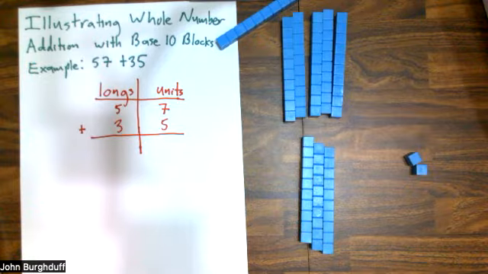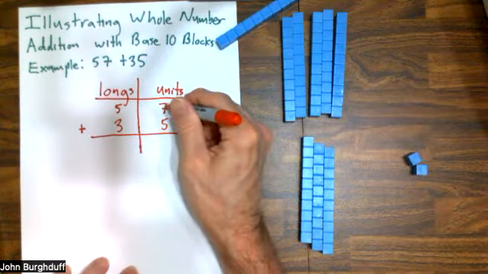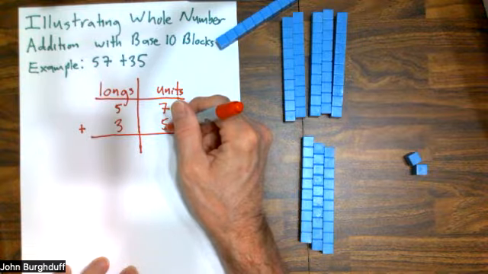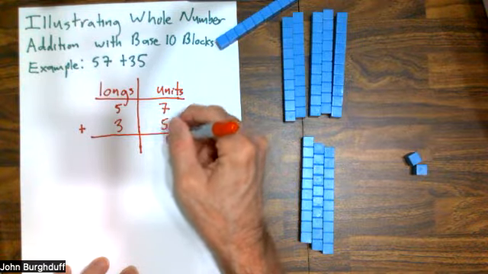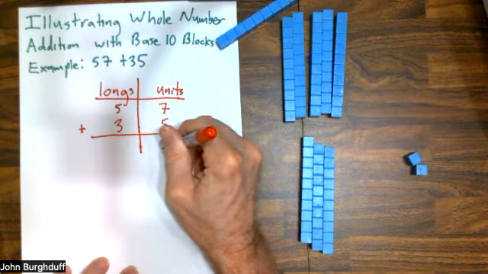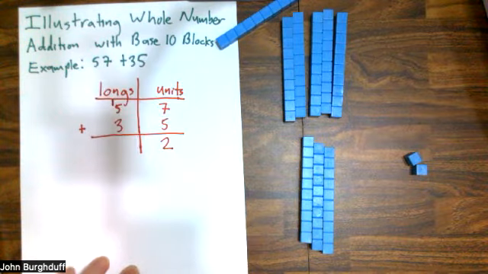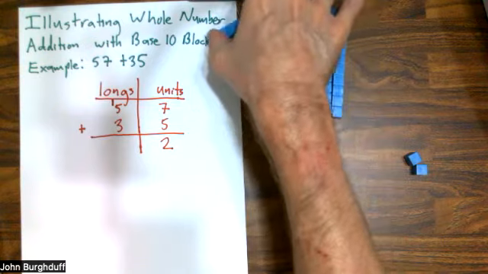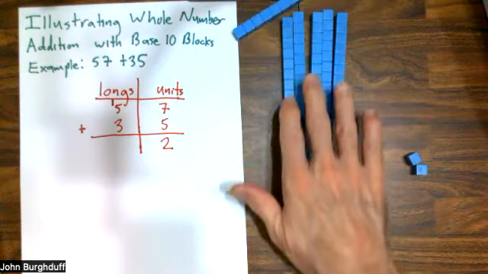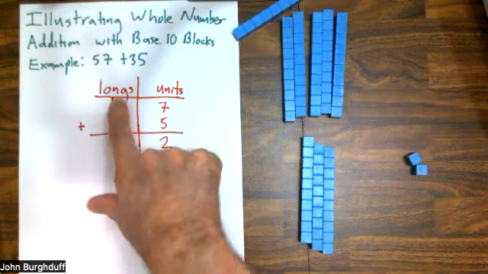Let's write down what we just did in our chart. When I took my 7 units and my 5 units, I ended up with 12 units. I leave 2 of them as units, but I take 10 of the units, create an extra long, and much like I put the long up here with the other longs, I'm going to keep track of it in this column.